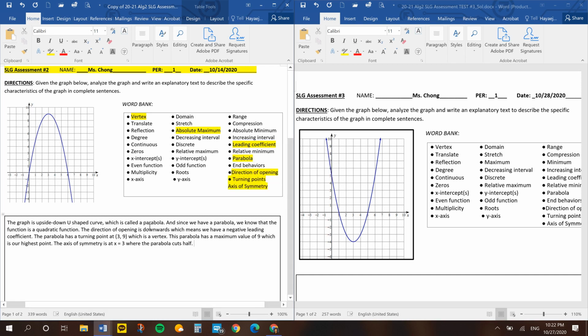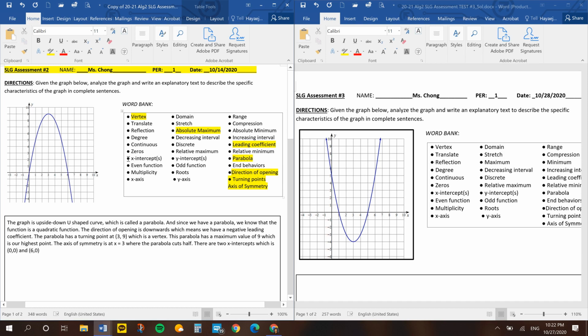We can talk about x-intercept. There are 2 x-intercepts, which are 0, 0 and 6, 0. Where did I get 0, 0 and 6, 0? The x-intercept is where this curve touches the x-axis. So 0, 0 and then 6, 0.